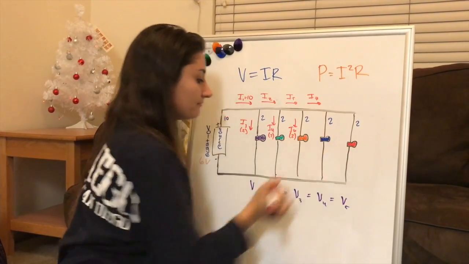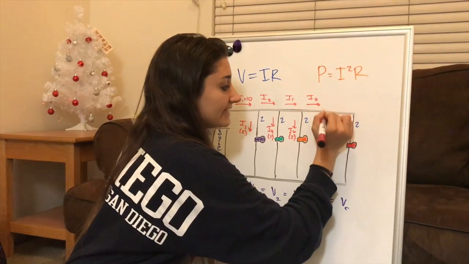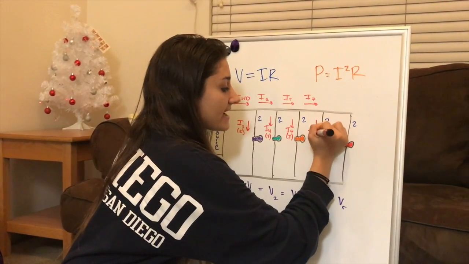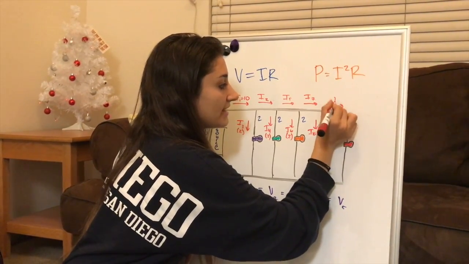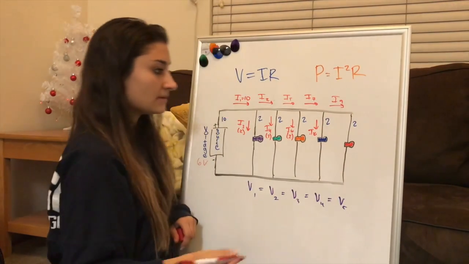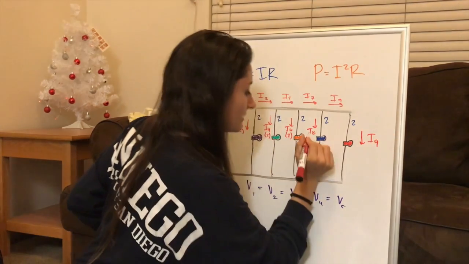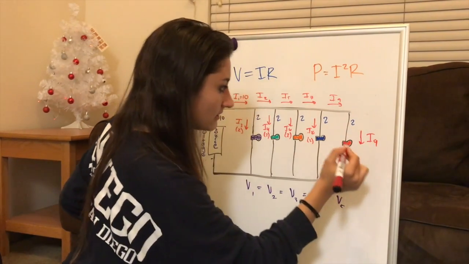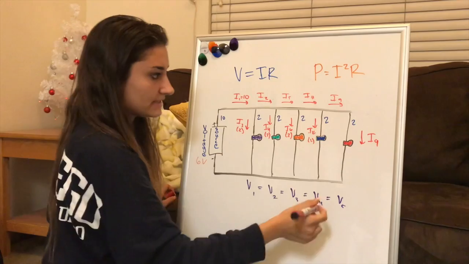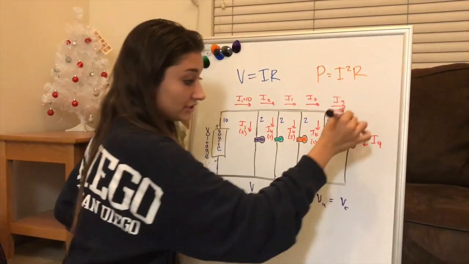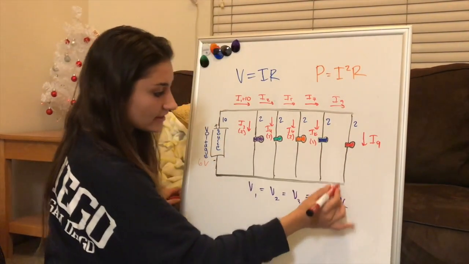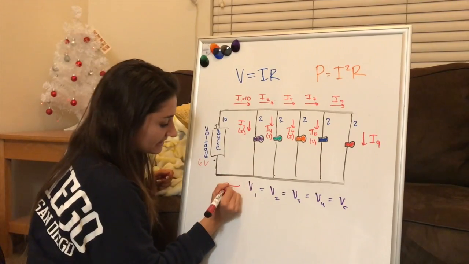I6 is again 2. I7 is going to be split into I8, I9. And then I9 is going to continue down. We know that this is 2 still. So I9 is going to come down because we know that this ending number is 2. And then here everything's going to sum back up until this is back to I1.